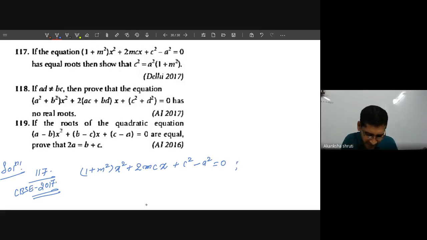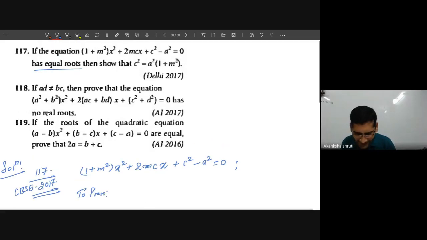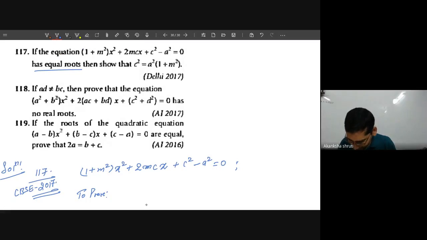It is given equal roots. Then we have to prove, or we have to bring the relation between m and c. Then we have to prove that c square is equal to a square (1 plus m square).